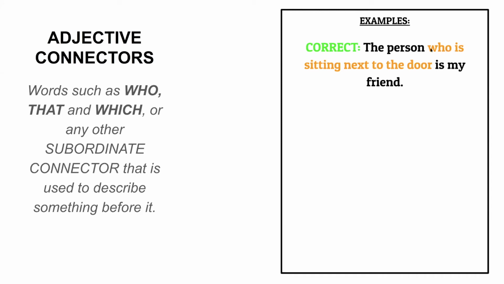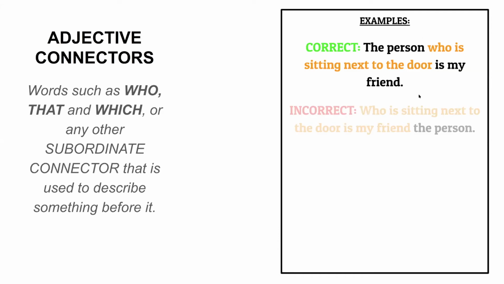Now, if I were to remove this part of the sentence, then the sentence would be very simple. If I just said the person is my friend, well, that sentence is perfectly fine. It's not very interesting. So in this case, we add this dependent clause to tell us, well, which person are you talking about? There could be many people in the room.